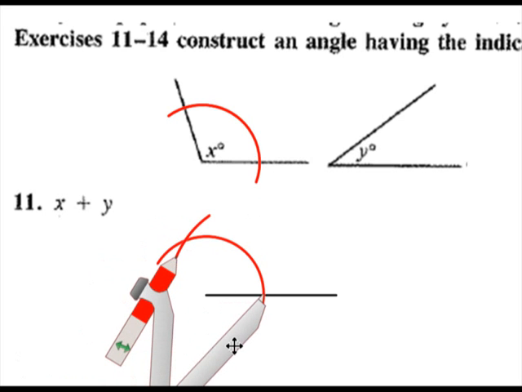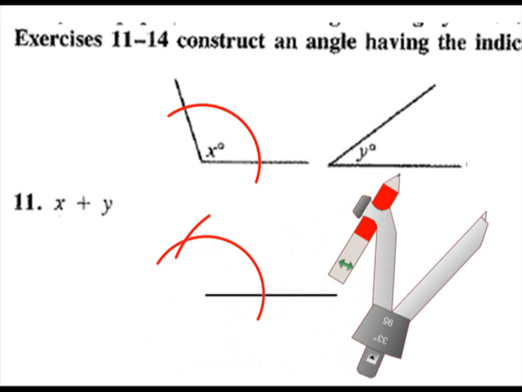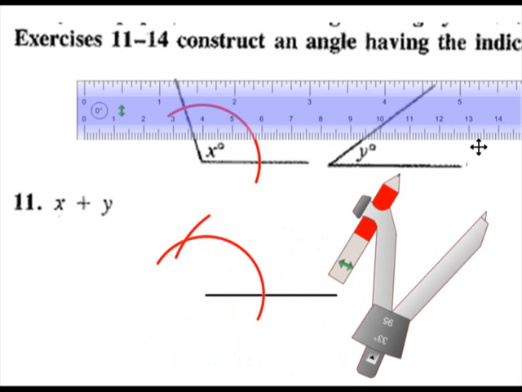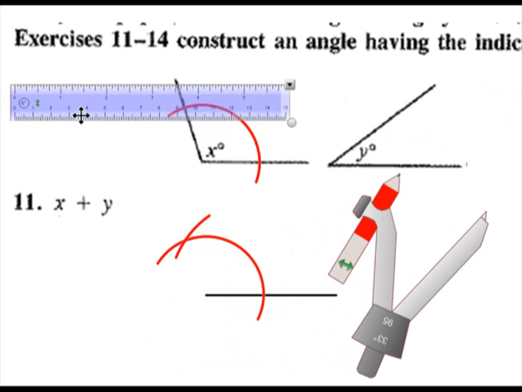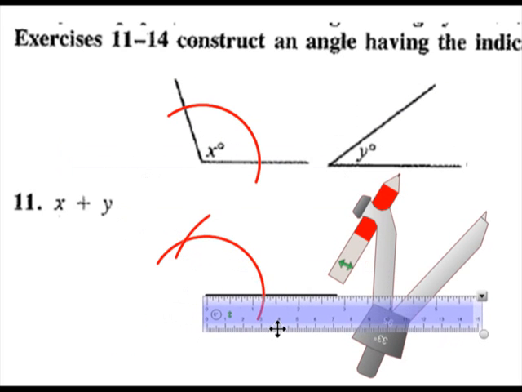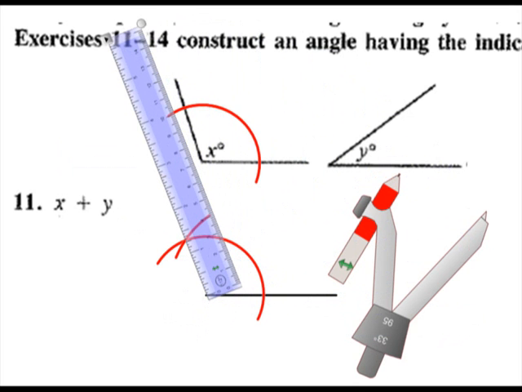Go ahead and make that arc. And then this point is going to correspond with this point because I just copied it. And then I'm just going to use my straight edge. Oh, that's a little bigger than I need. Let's shrink it down. And I'm going to go ahead and draw that segment. And there is angle x.